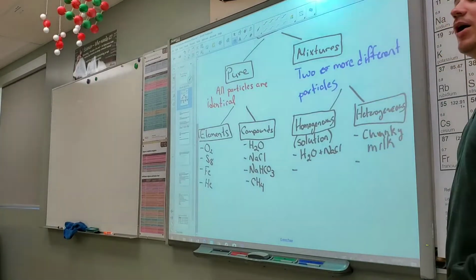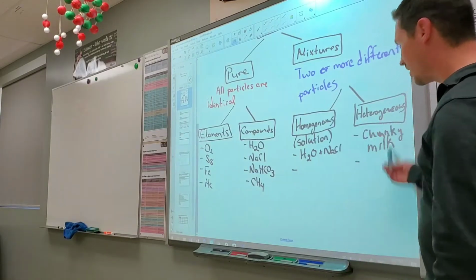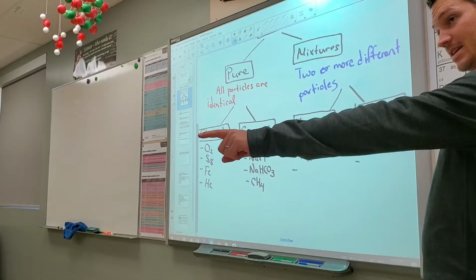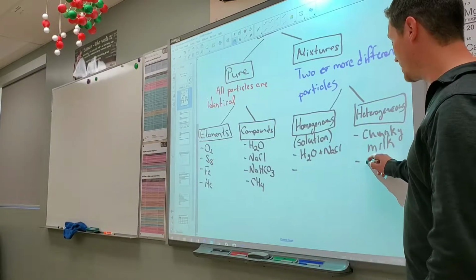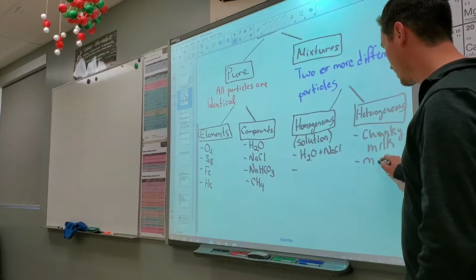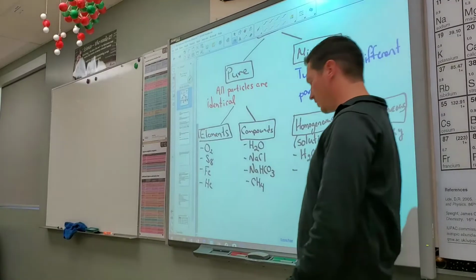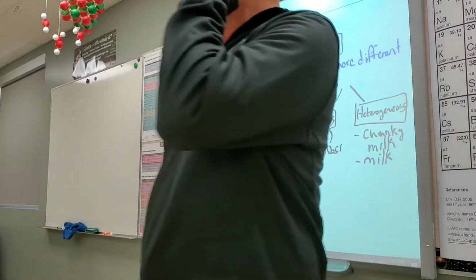But what about just regular everyday milk? Is milk going to go under the homogeneous or the heterogeneous? It's a colloid, and a colloidal mixture is heterogeneous. Just regular everyday milk is a heterogeneous mixture.